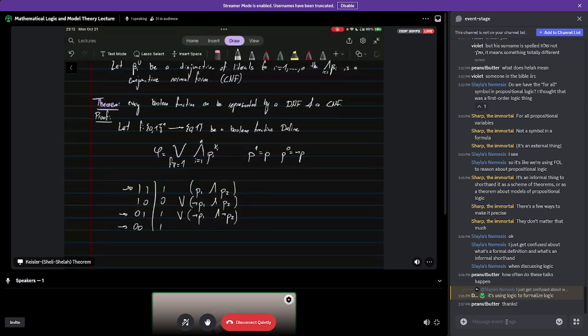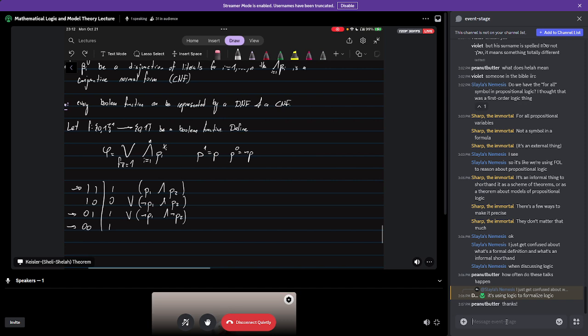I think from this example, it's actually pretty clear why this is true. But one more thing to note is that this is not just a normal disjunctive normal form. This is a disjunctive normal form where all the conjunctions, all these inner things, have the same number of literals. So we can call this a standard form.